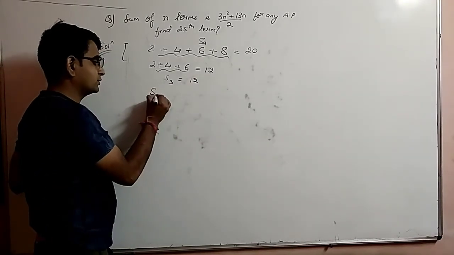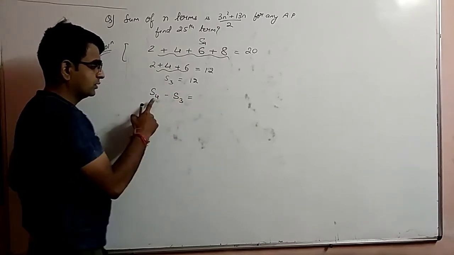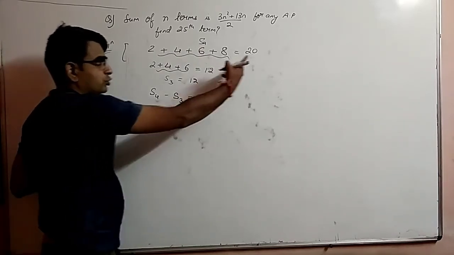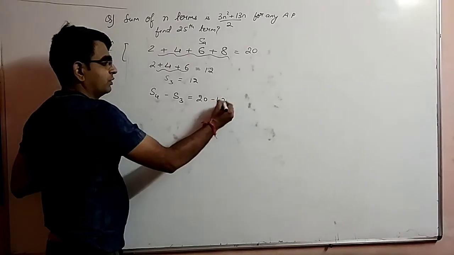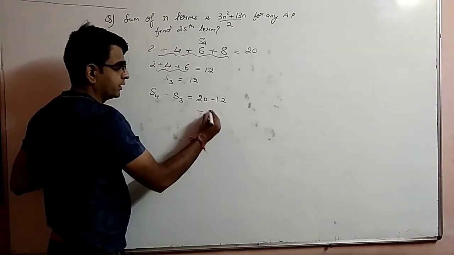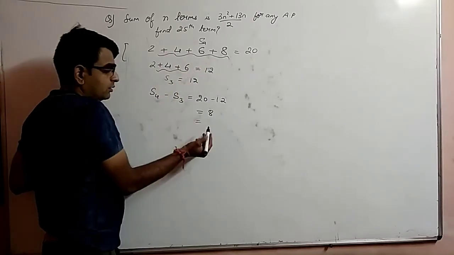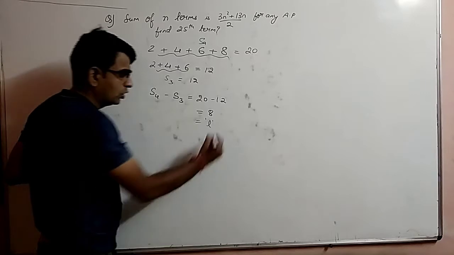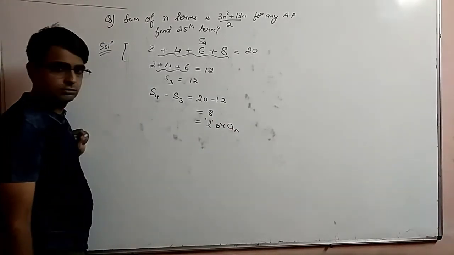Now just see, when I subtract S3 from S4, 20 minus 12 is 8, and see, the 8 is the last term of the series. Last term, or we can write it as nth term.